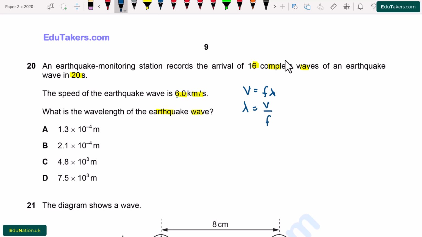Speed is given, 6.0 km per second, but we don't know the frequency. So first of all, we find out the frequency. It is given that 16 complete waves occur in 20 seconds.